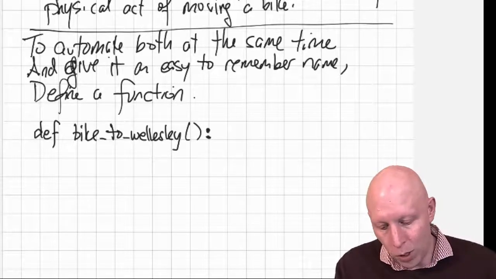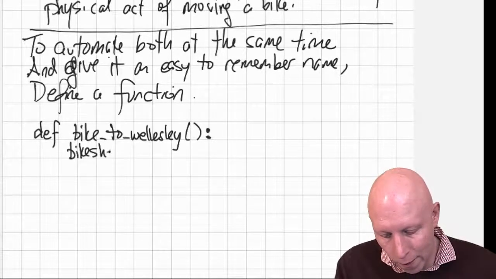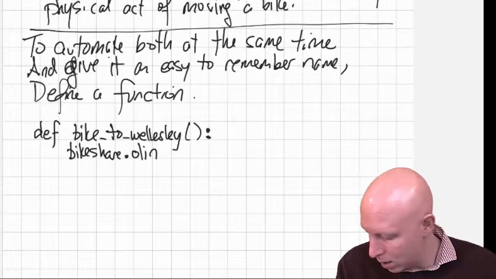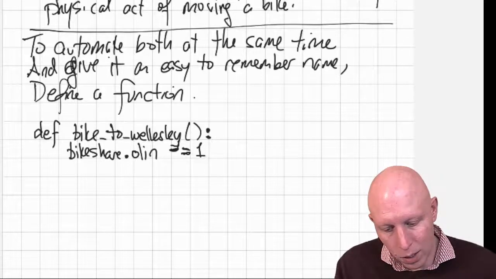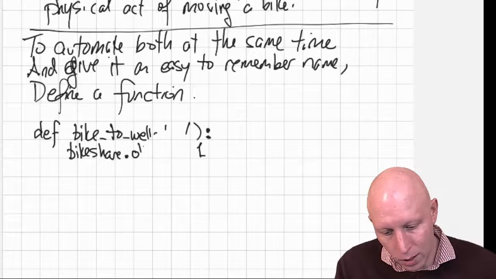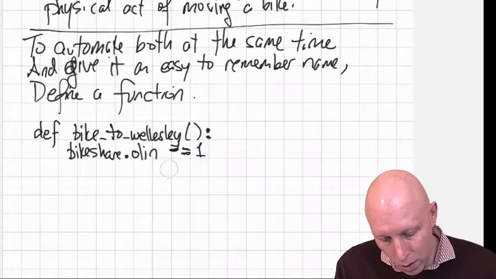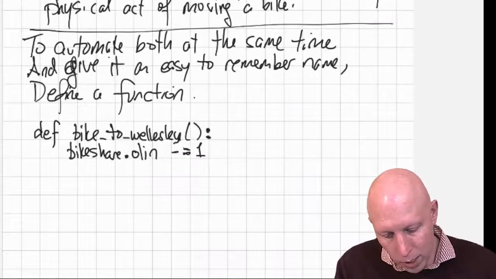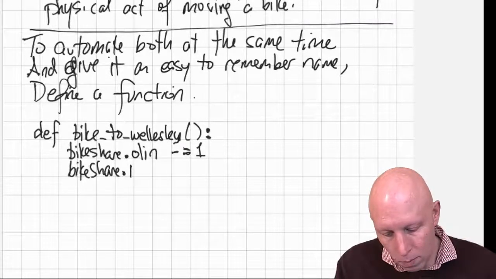All right, and what do we want that to do? We want that to do bike share dot Olin minus equals 1 and bike share dot Wellesley plus equals 1.